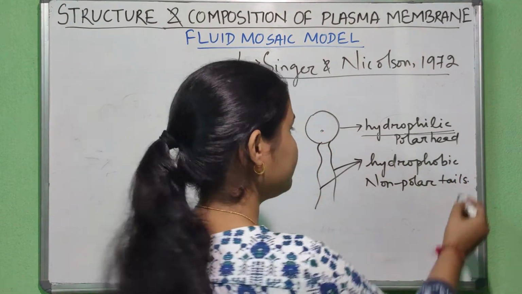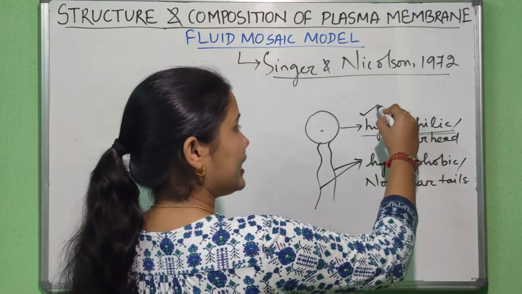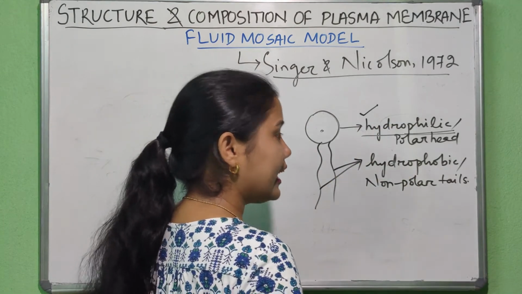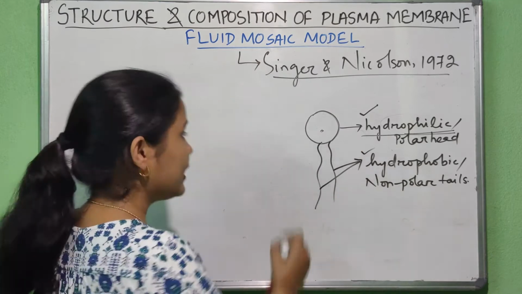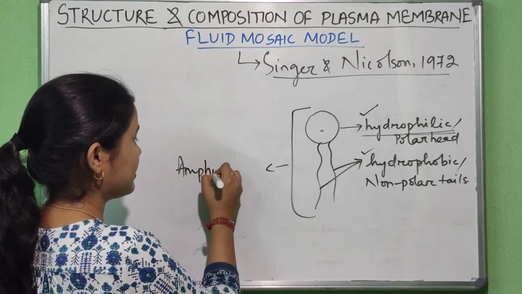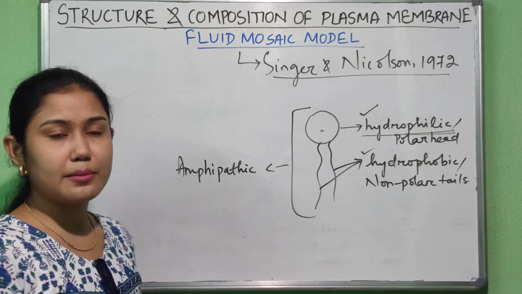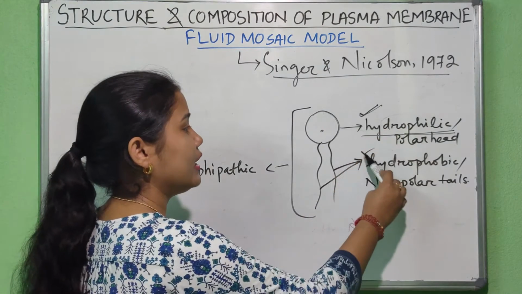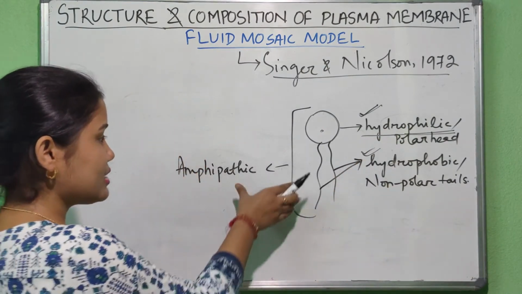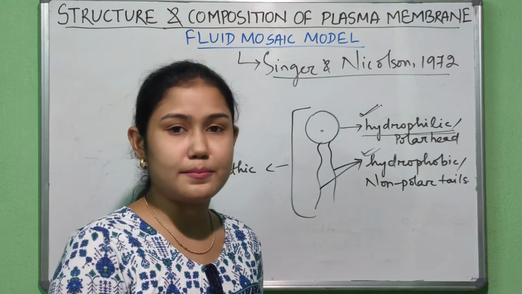Clear? Now, as the lipid is both hydrophilic as well as hydrophobic, it is amphipathic in nature. Amphipathic means both hydrophilic as well as hydrophobic. So this was already given by Danielli and Davson.